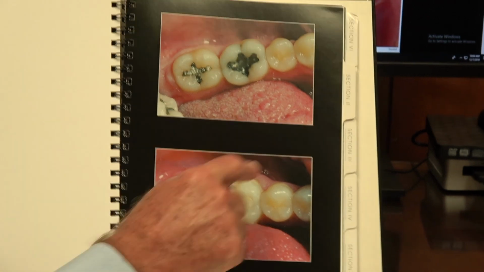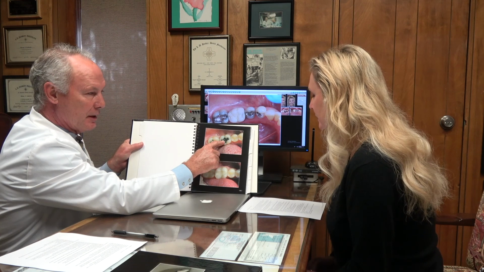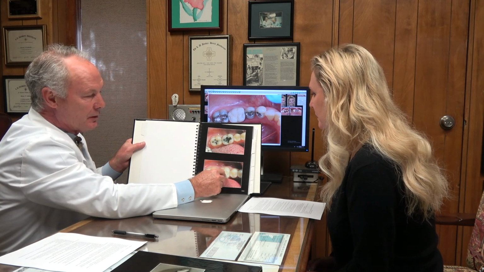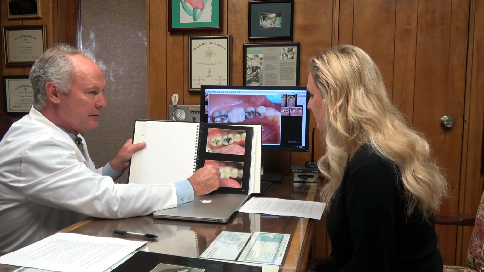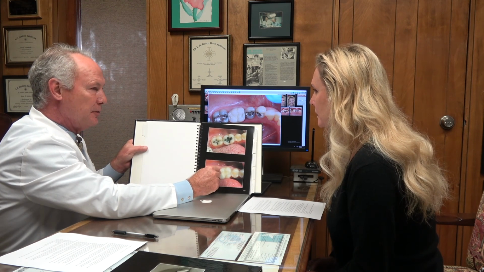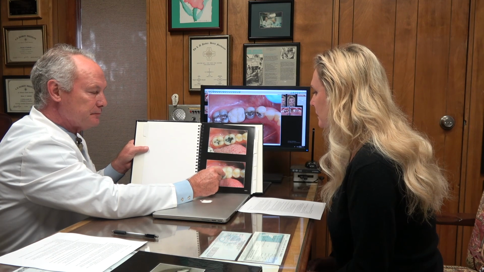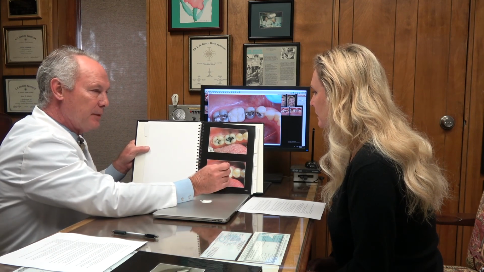Okay. Like that. And the difference between these and these, the amalgams are held in by mechanical retention because the bottom part is wider than the top part. The composites actually bond into the teeth. Composites are good if they're small. If they're large, they're not good because the coefficient of thermal expansion, how much something expands and contracts when exposed to hot and cold, is much greater in a composite or a silver filling than a tooth.